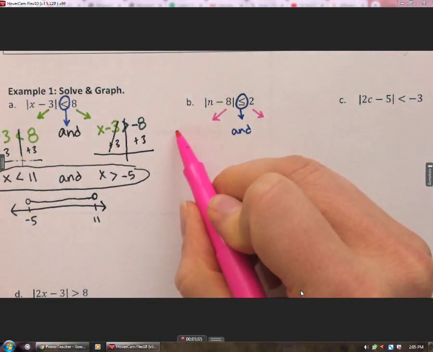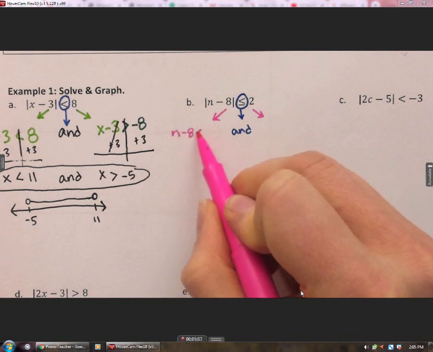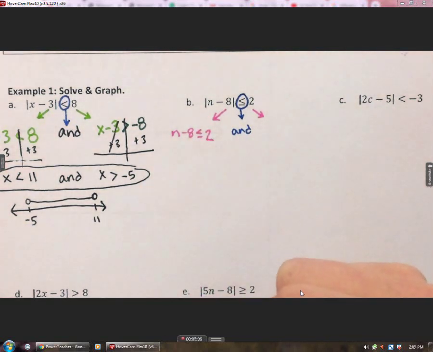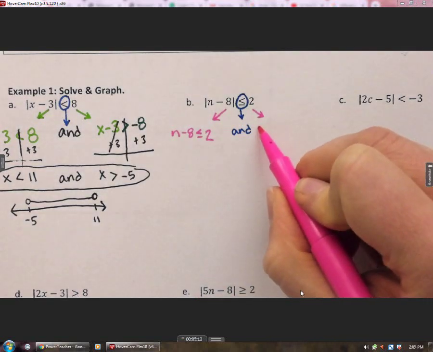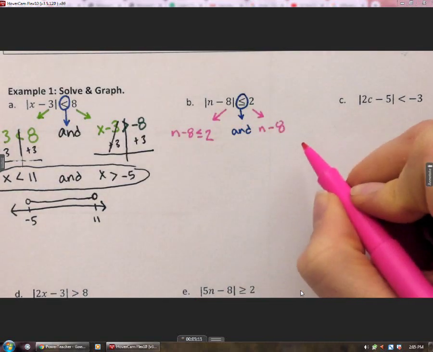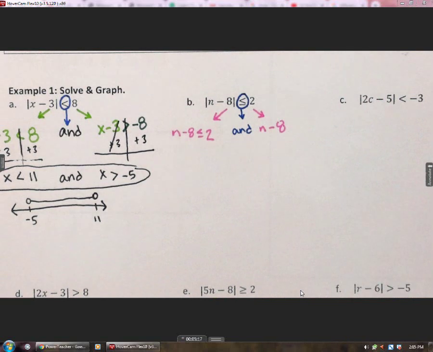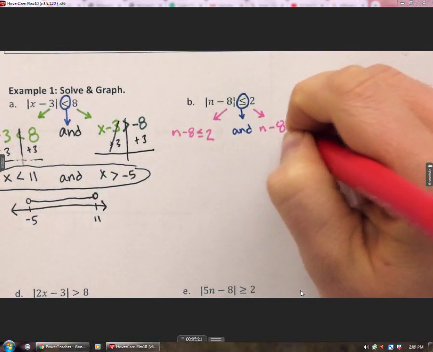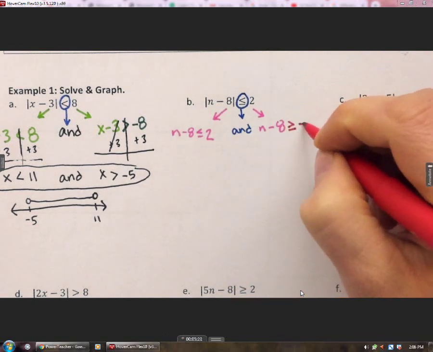So I'll have the normal side, n minus 8 is less than or equal to 2. And nothing changes with the n minus 8, but instead, I always say flip and switch. So I flip the sign and switch it to negative.